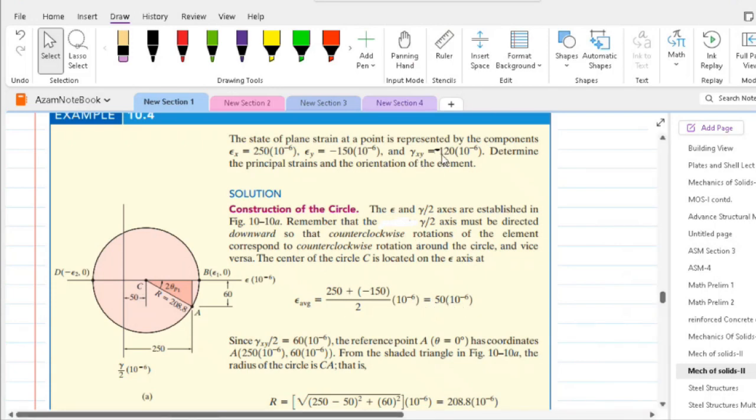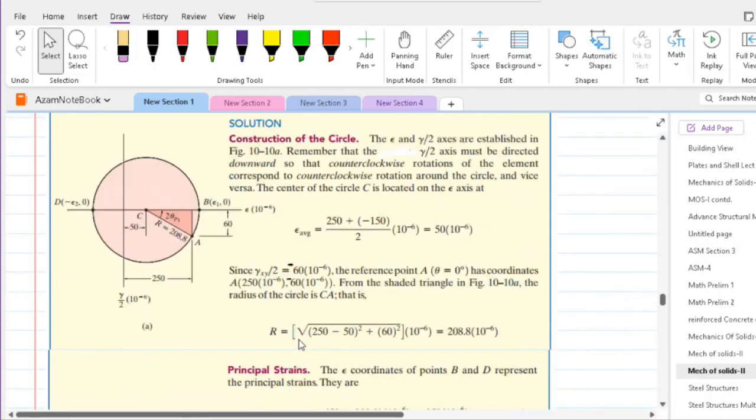Gamma xy by 2 will come out to be 60 into 10 raised to power minus 6 and in negative direction. Hence, we would have coordinates of A equal to 50 into 10 raised to power minus 6, comma, minus 60 into 10 raised to power minus 6.